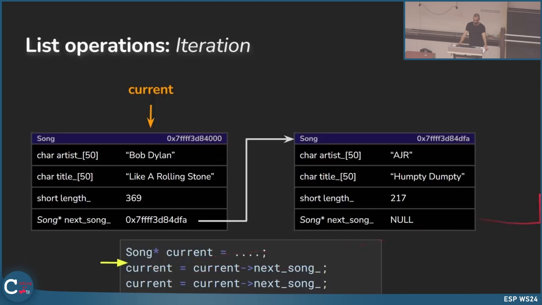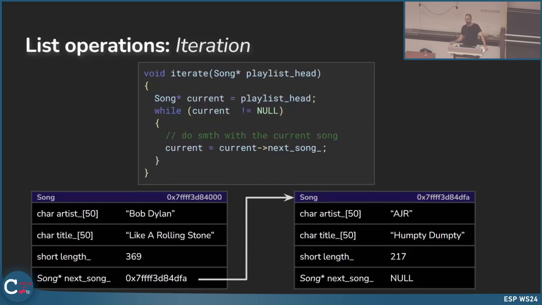When I execute this, my current pointer will then come to this song. And when I execute it once more, my current pointer will point to null. At first I go this path, then I have a look at this, and then it points to null. So this is how I can iterate over a linked list.